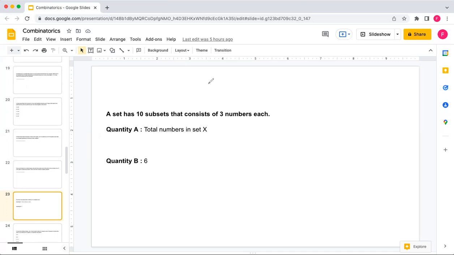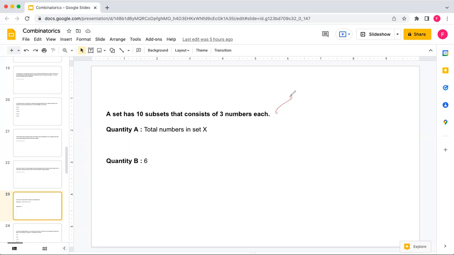A set has 10 subsets that consist of 3 numbers each. What is actually asked in this question? That you are picking 3 elements from a set. What is the actual number of elements present in that set?